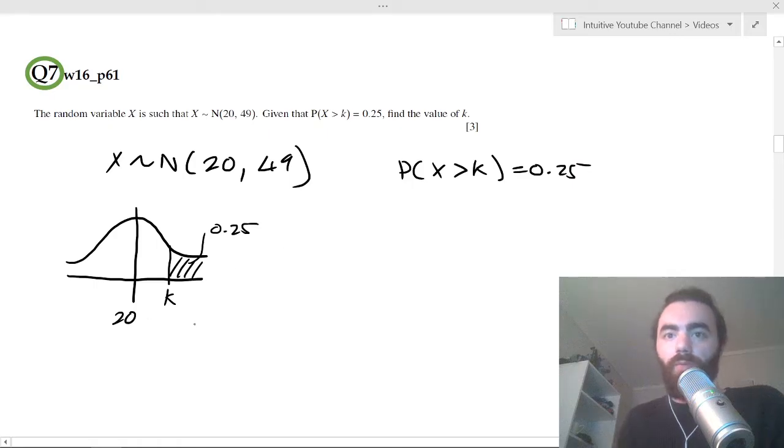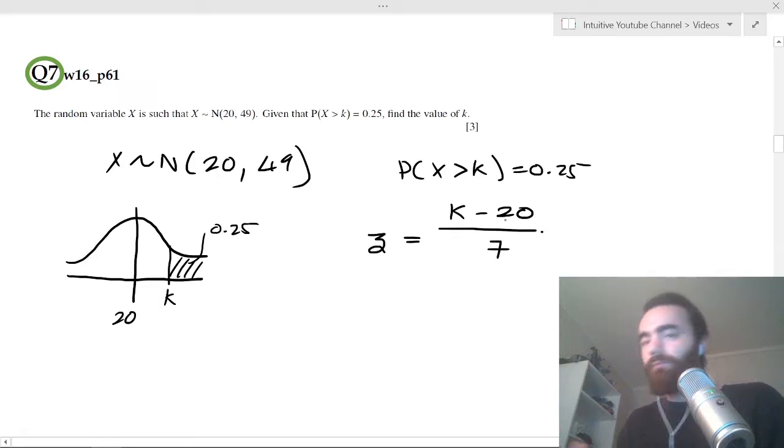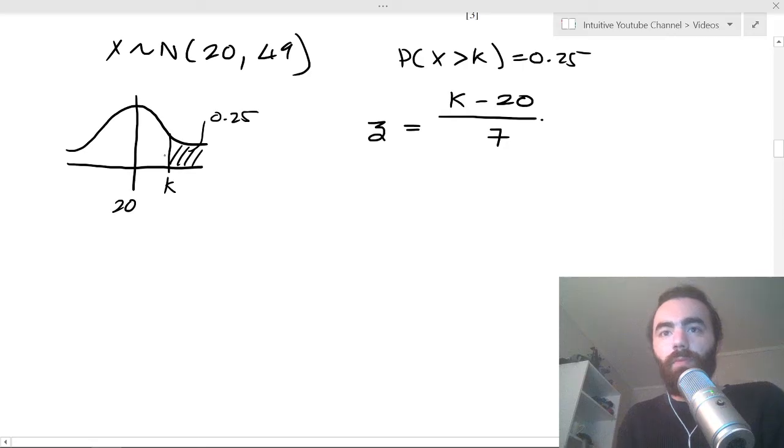So again, what is k going to be? We can find that through finding the z value. z is equal to k minus 20 divided by the square root of this, which is 7. Okay, so if this is 0.25, then this is 0.75.